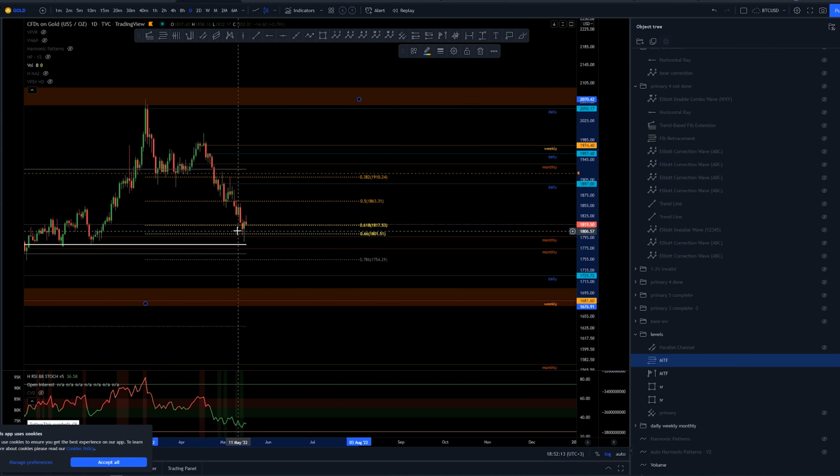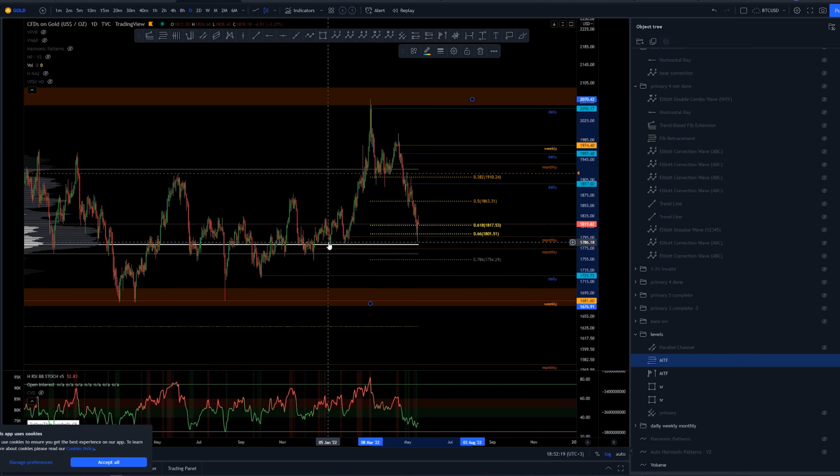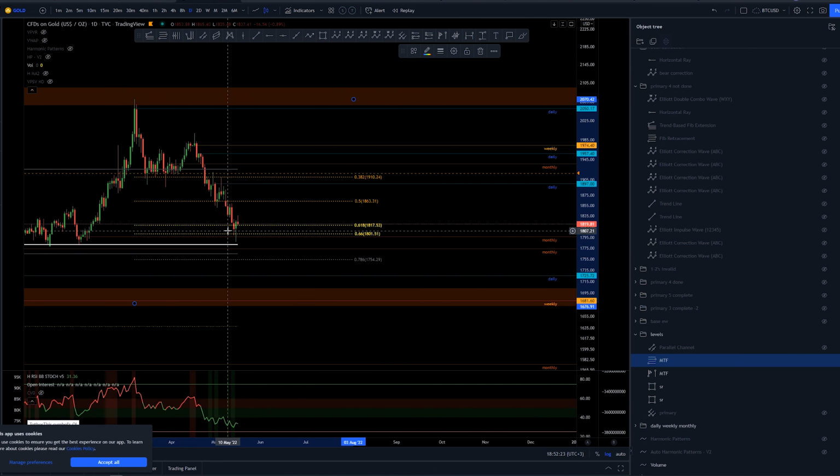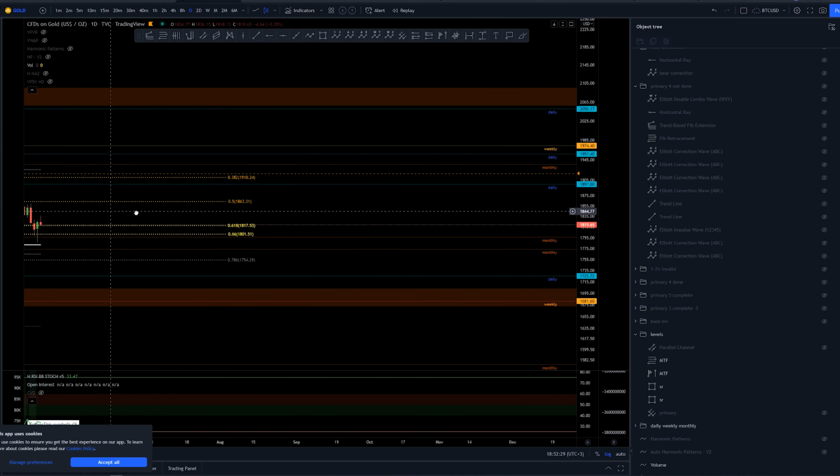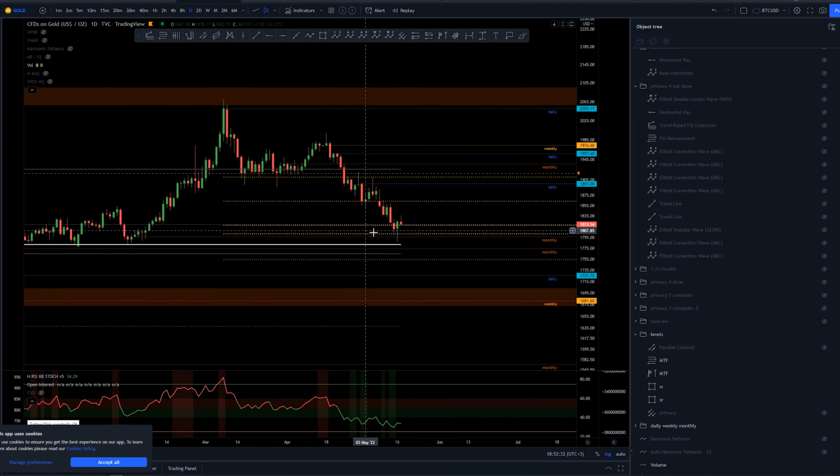We did wick through this monthly as well, where we had loads of support and again just below the golden pocket, and now at least some strength, giving us a really nice daily candle here yesterday.